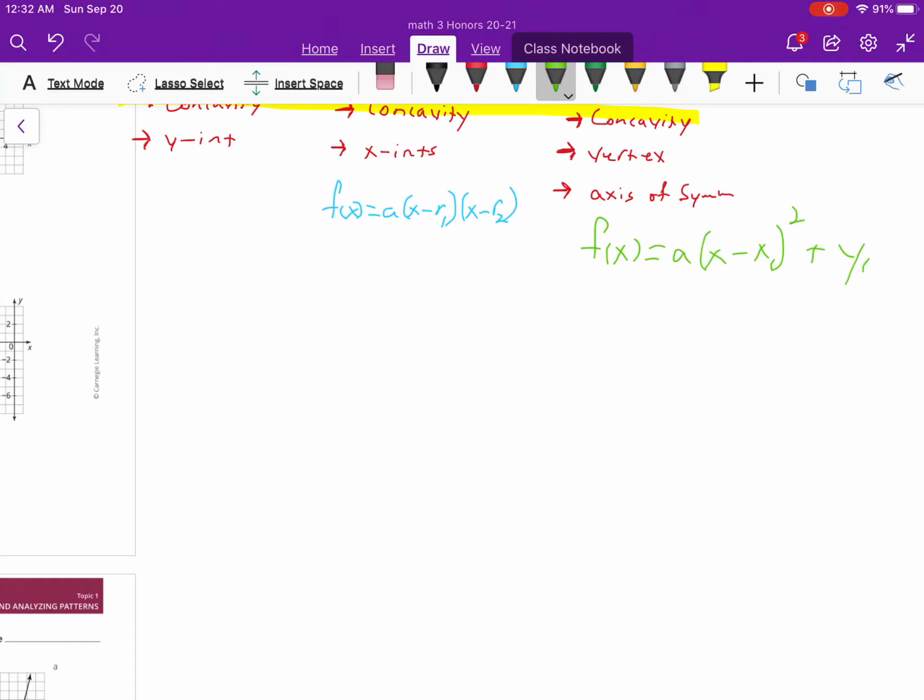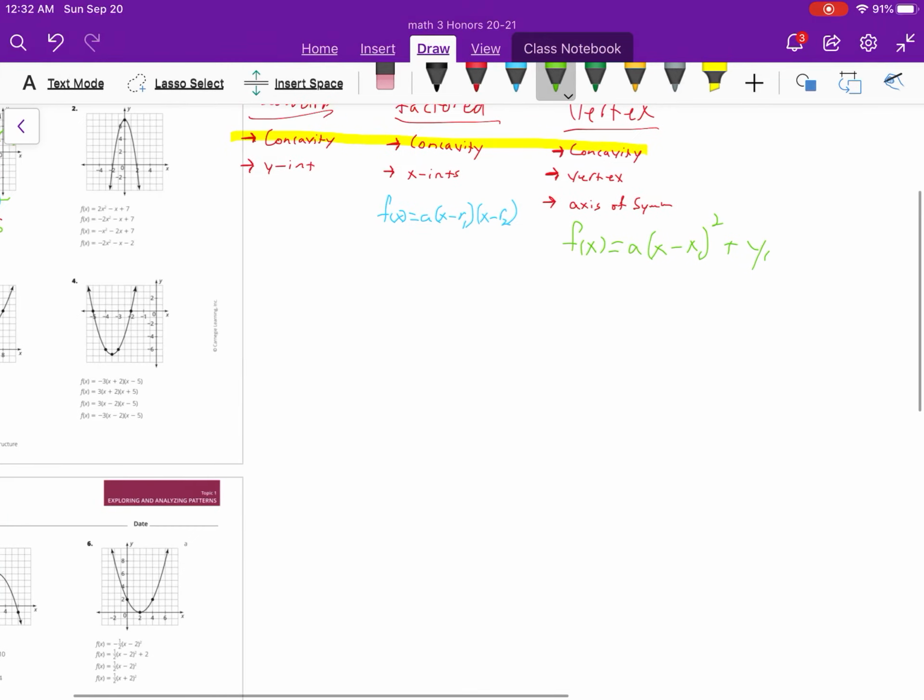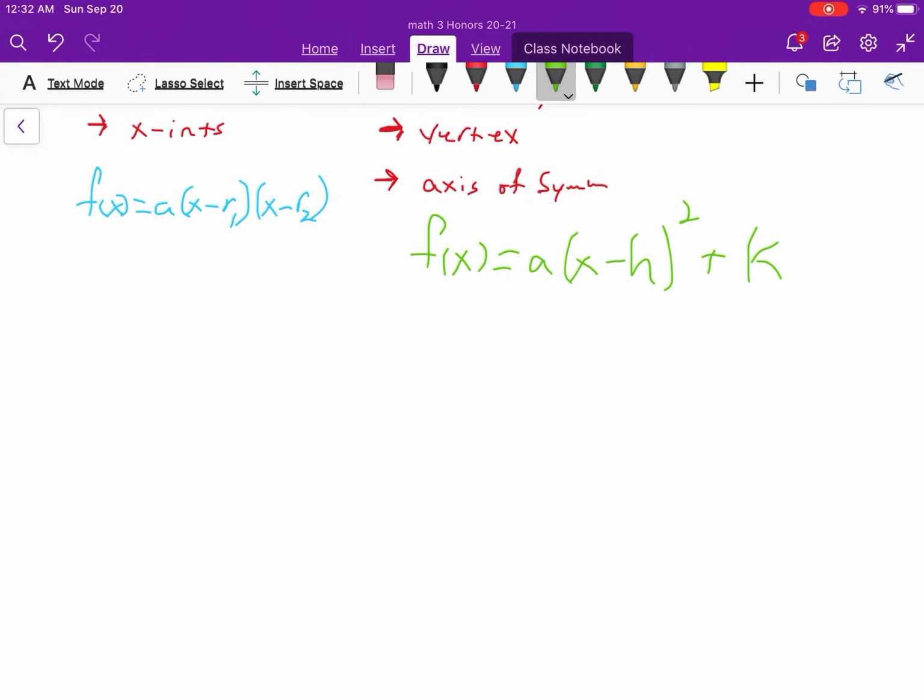Those are the x and y values of the vertex. Sometimes it's not x1 and y1. Actually, most commonly, it's h and k. Sorry for that confusion.